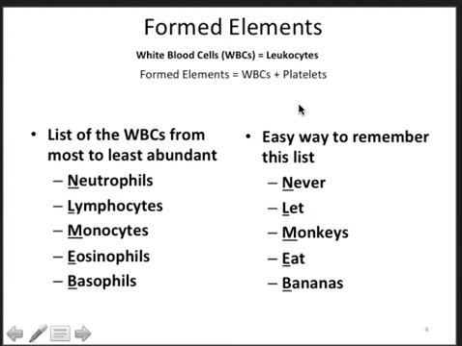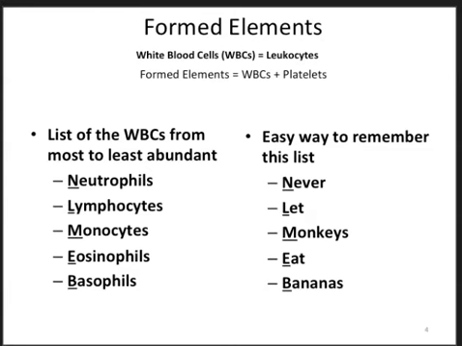Three very broad classifications include erythrocytes, leukocytes, and thrombocytes. The erythrocytes are the red blood cells, and they are primarily responsible for carrying oxygen and carbon dioxide around the body, as well as maintaining a relatively constant pH in the blood.